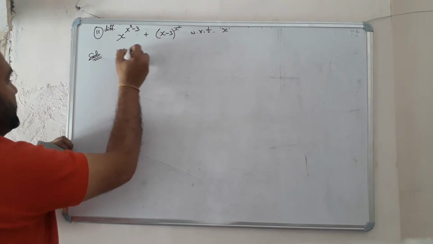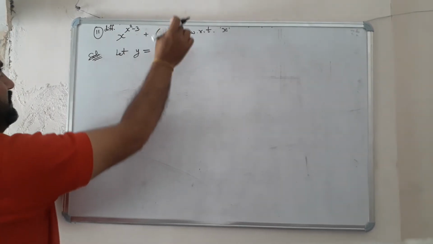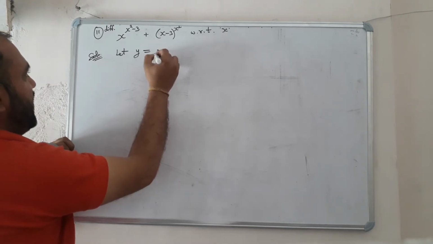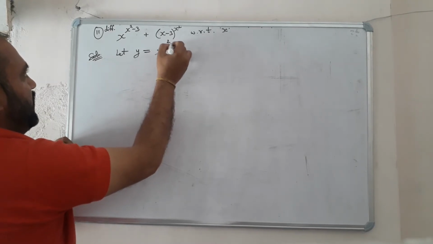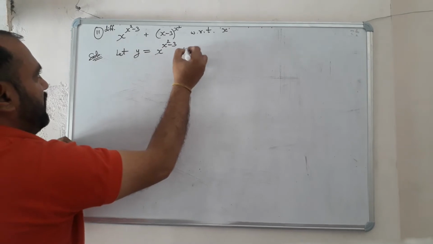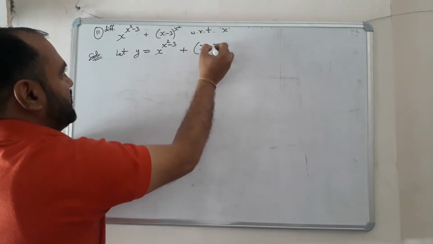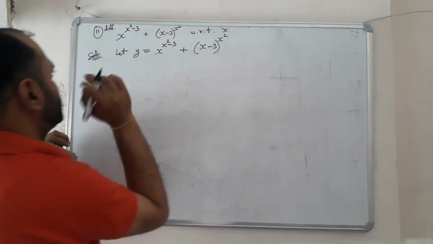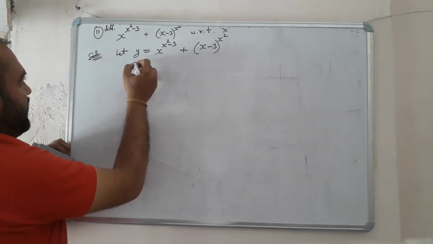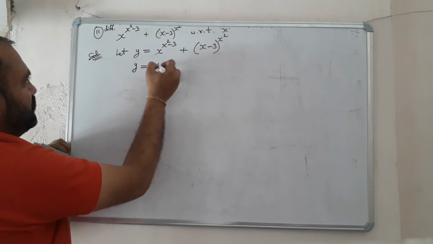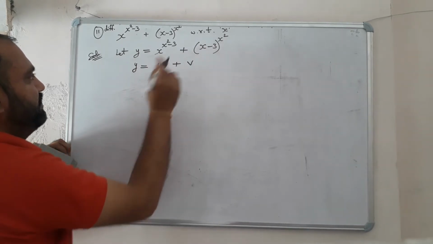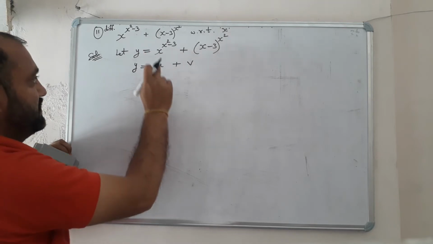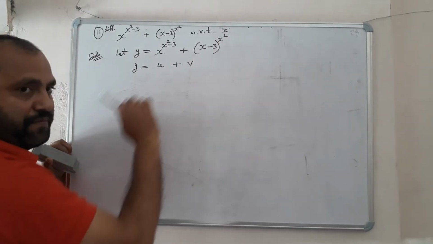So let us consider this whole function as y. Let y is equal to x raised to the power x square minus 3 plus x minus 3 raised to the power x square, right. So let y is equal to u plus v. We have considered this as u and this as v.